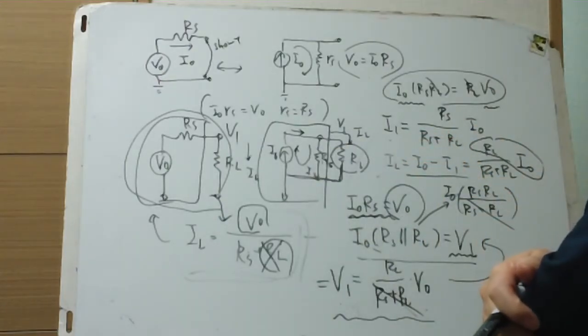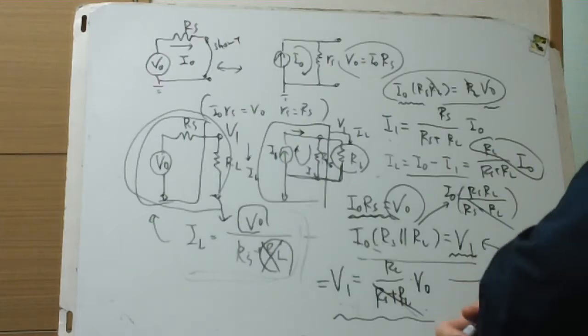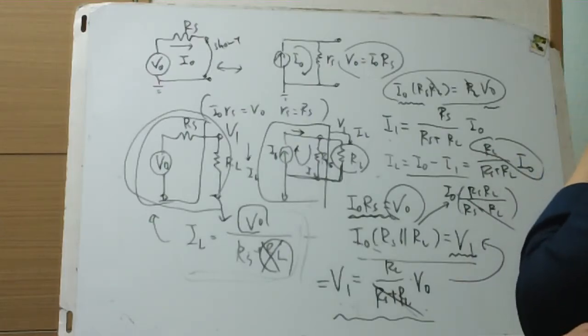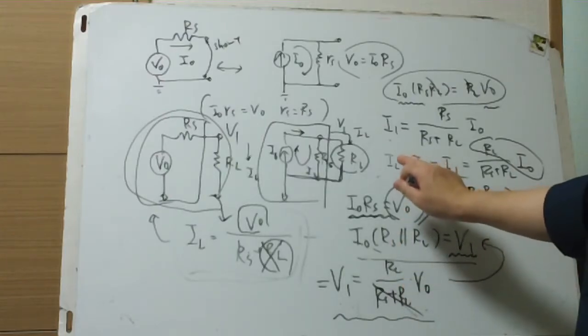In this case, IL equals IO minus I1. Oh, this is not I1.